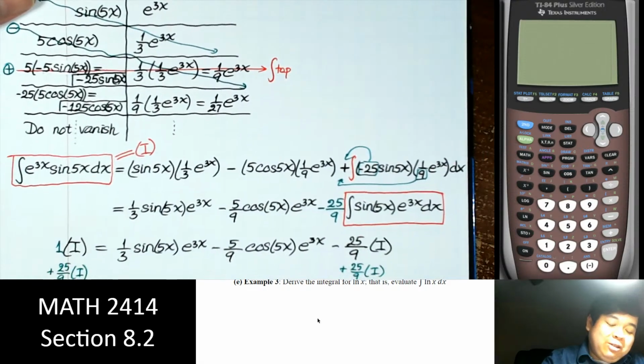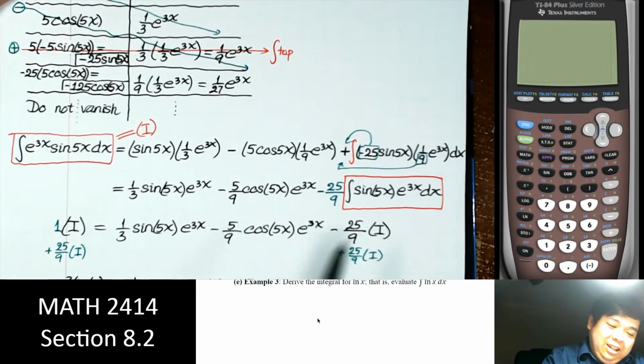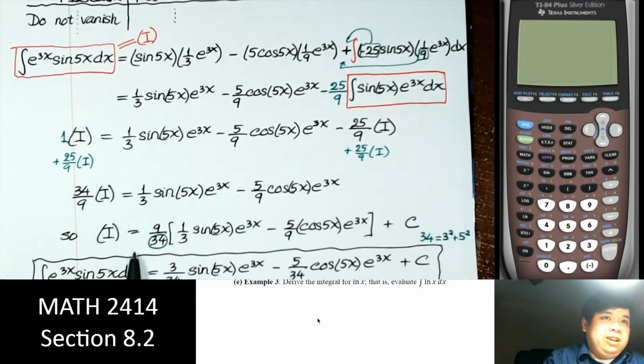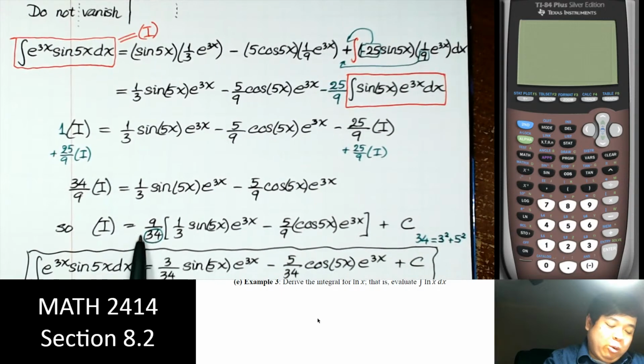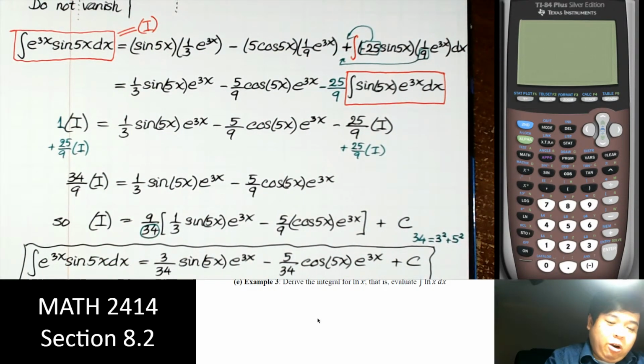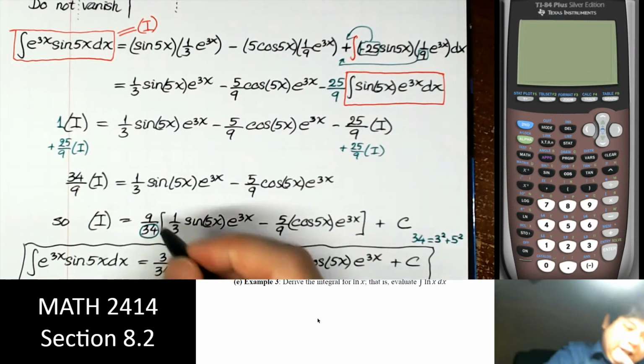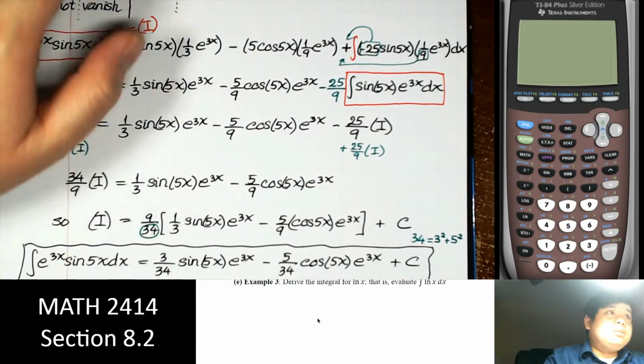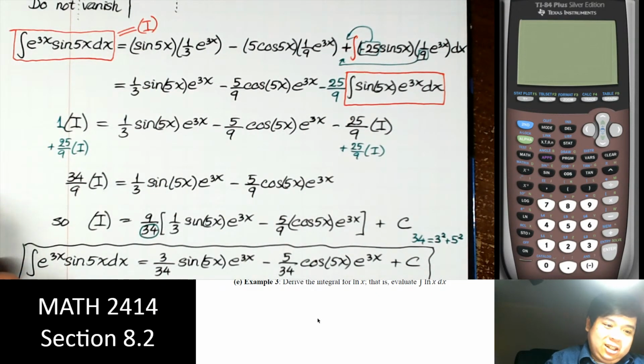So you should have the 34, which is 3 squared plus 5 squared, when we divide on both sides. That's where the 34 comes from. And the 9, because it's the 3 squared.